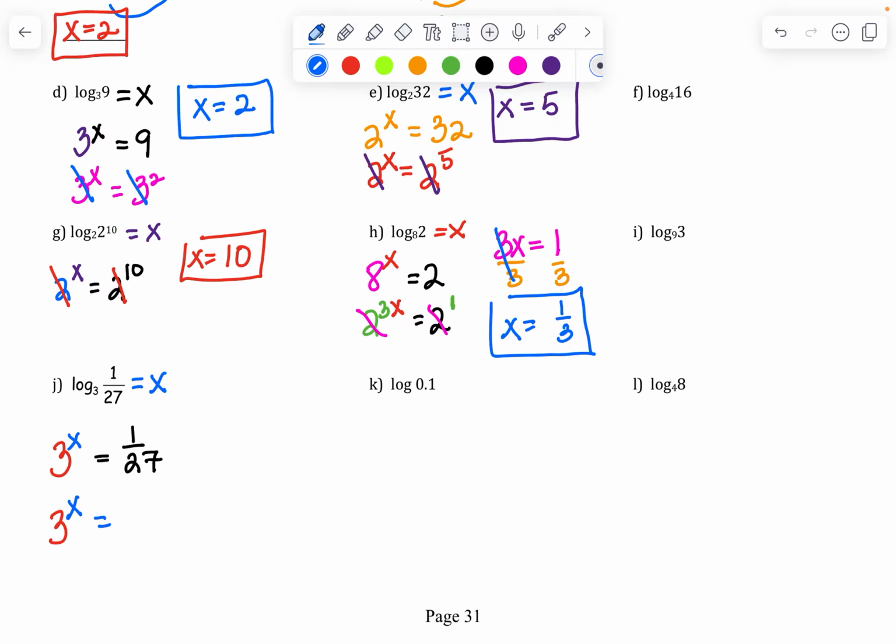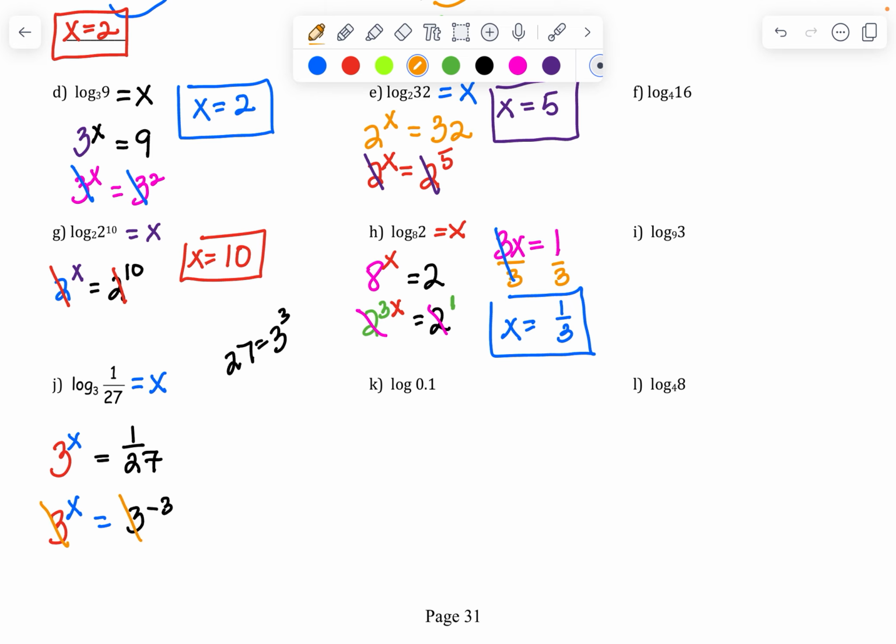Well, that's really, I have 10 in the bottom of my fraction, so it's 10 to the negative 1 power. And go ahead and bring down your 10 to the x. Those 10s cancel out, and you get x is a negative 1. If you need more practice, go ahead and work on that other column that you see right there.